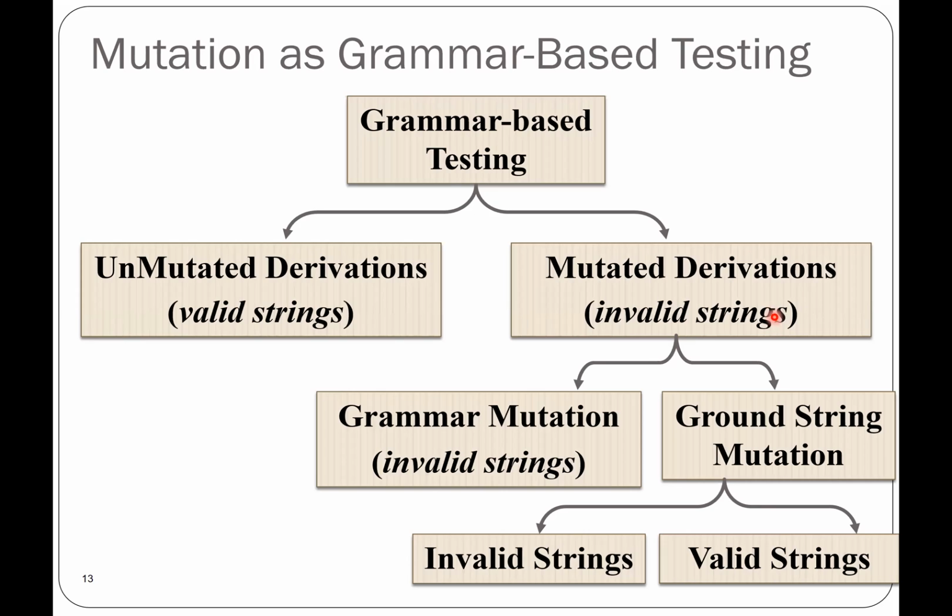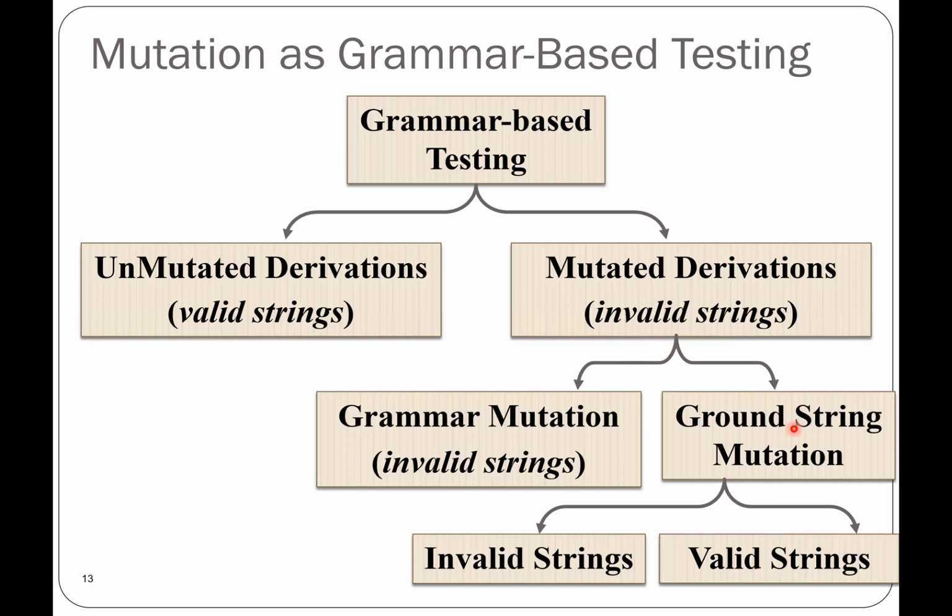Had we achieved the purpose of creating invalid strings, we could be doing it in 2 ways. We could be creating invalid strings based on mutating the grammar, or we could be doing mutated derivation based on mutating the actual ground string. The grammar means I'm going to actually look at that BNF and mess up the BNF itself.